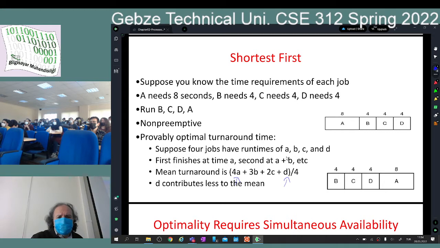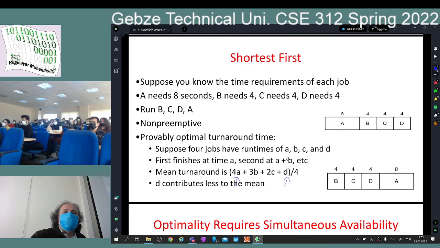But where does this 4A come from? Did you understand it? Yes? Actually, this is the total time of all the processes. So every A is the time of the other processes. Exactly.